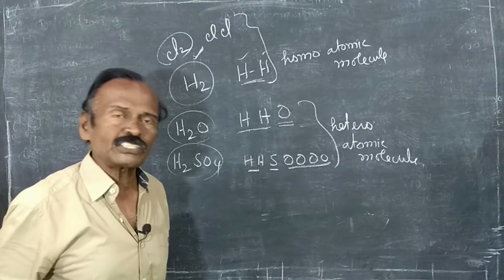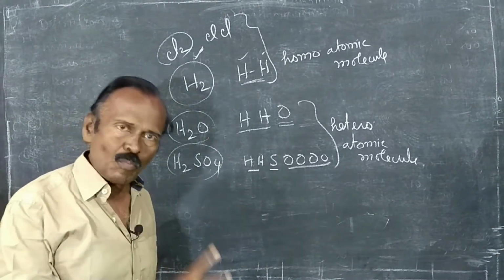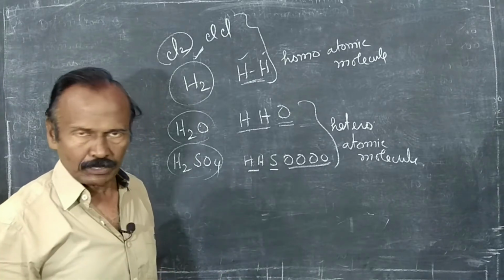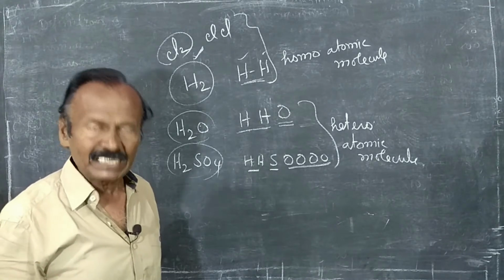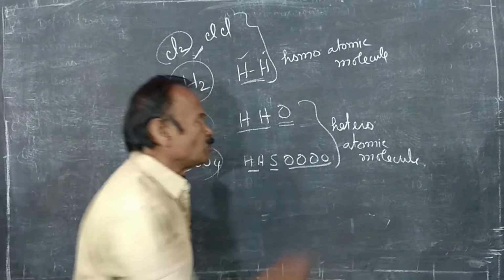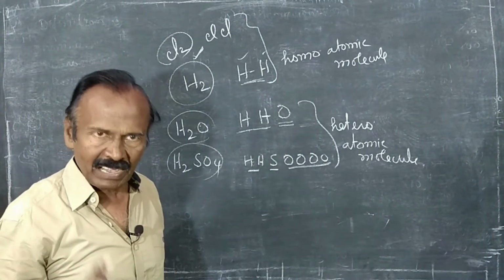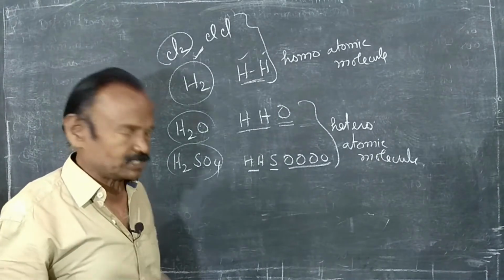So how do you classify a molecule? A molecule can be divided into two as homoatomic molecule and heteroatomic molecule. Homoatomic molecules are molecules having the atoms of same element. Heteroatomic molecules are molecules having atoms of different elements. So this is the definition.